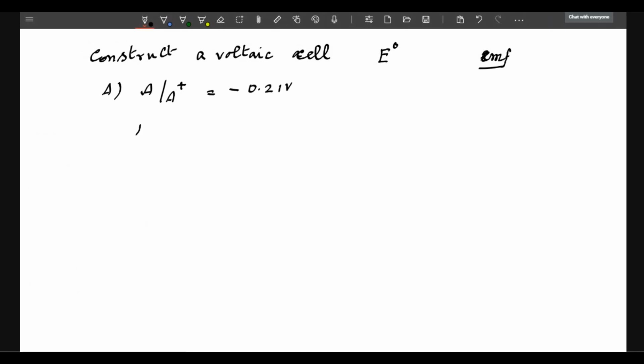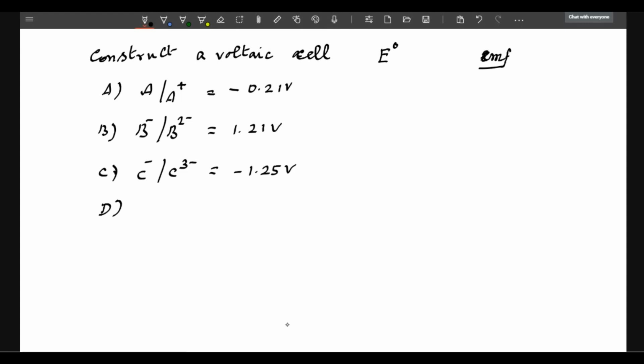B, next to B minus, for B2 minus, equal to 1.21 volt. C minus bar C3 minus equal to minus 1.25 volt. D bar D minus 2 minus equal to 0.52 volt.